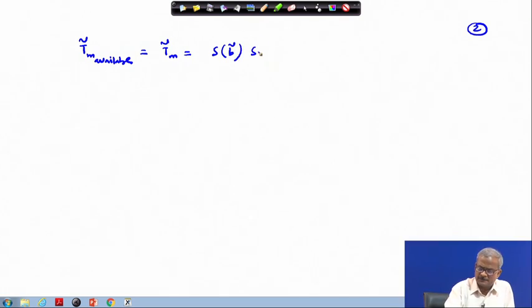So, the basic torque available equation, this is the M available, which we will simply write as S times B tilde times S transpose B tilde times U tilde.